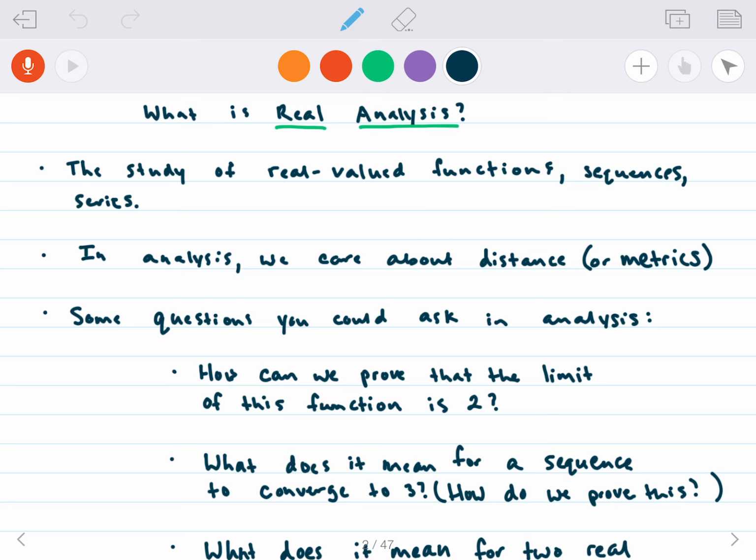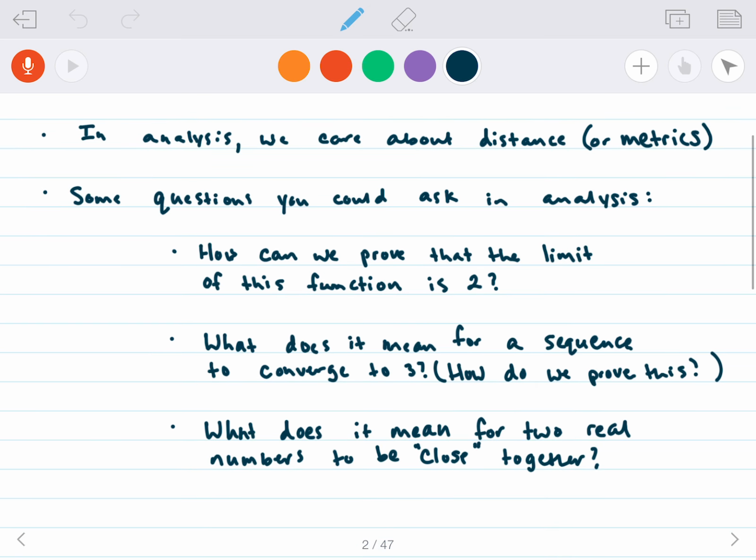Here are some questions you could ask in an analysis course, and we're going to be answering all of these questions. In calculus, you found limits, right? That's probably the first thing you did in Calc 1: you evaluated piecewise functions, and you looked at different limits for various x values, independent variables.